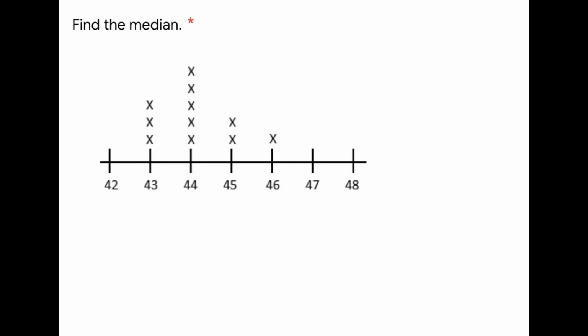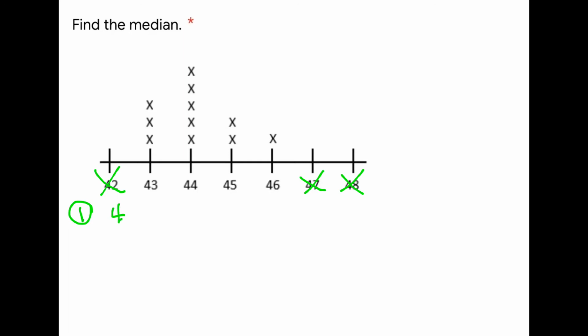Find the median. This is the exact same data set from the previous problem. But our first step, once again, is to put these numbers in order. We're not going to use 42, 47, or 48 because there aren't any X's on those numbers.